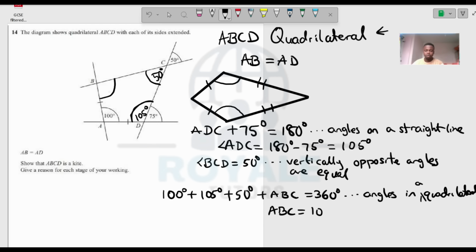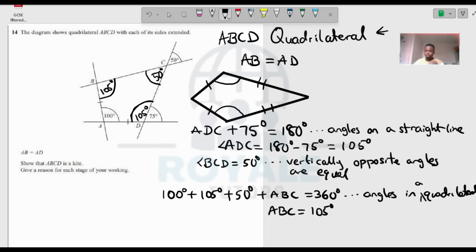You add 105 and 50, that gives you 155. Then take it away from 360, and you get 105. So this shows that ABC is equal to ADC. This is what I need to prove that it is a kite.